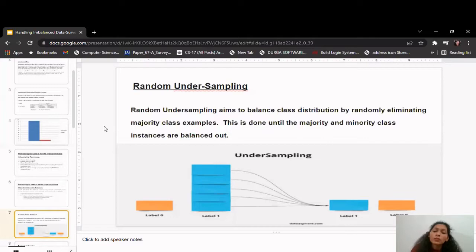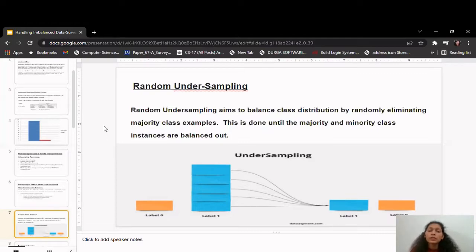Let us now see what these techniques are actually doing and how we are handling the data imbalance. So the first technique that we refer to, and we can say a more simplified version to tackle this problem, is random undersampling.